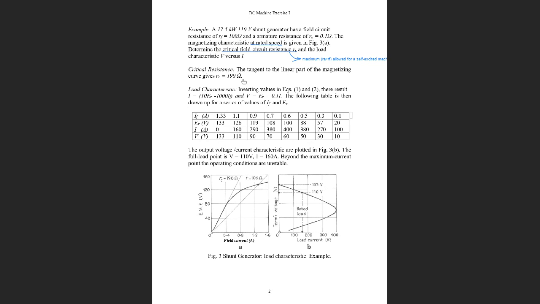Okay, so according to the curves given here, the horizontal axis is field current IF, and the vertical axis is ER. From the curves, one can simply find that when the field current is 0.4, the internal generated voltage is about 80.